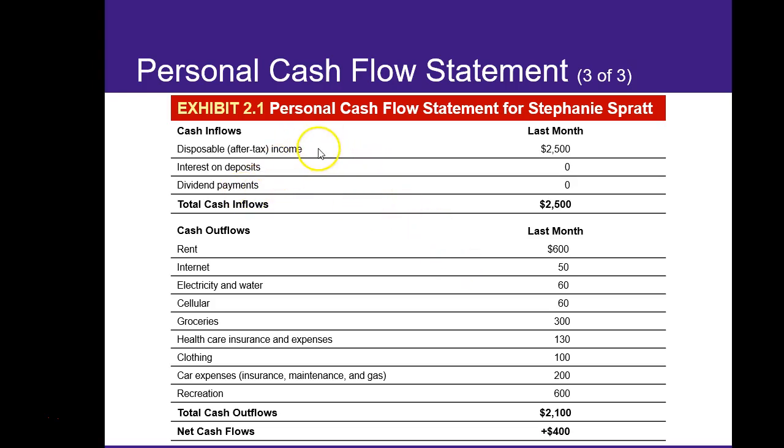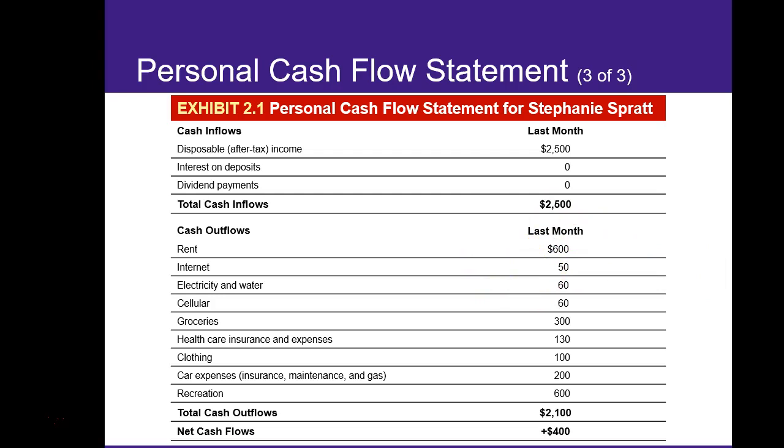If there are tax implications, list the income after taxes. So for our example, this is for Stephanie for last month. She had total income of $2,500.